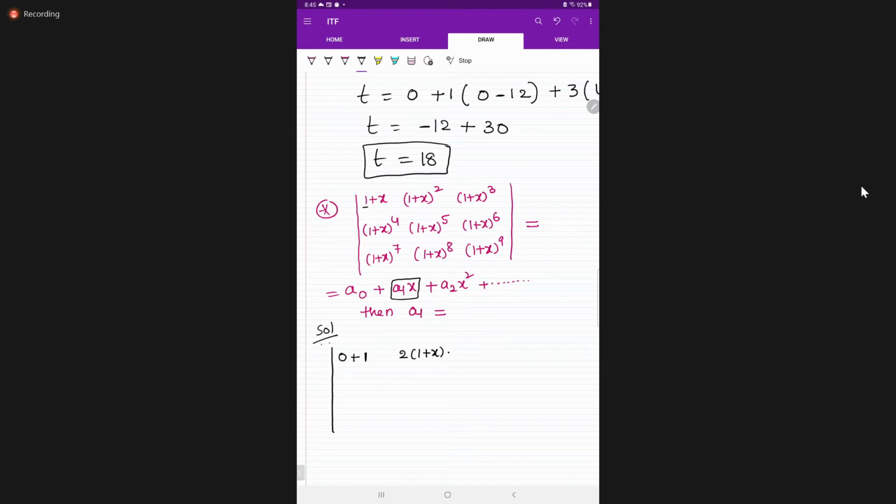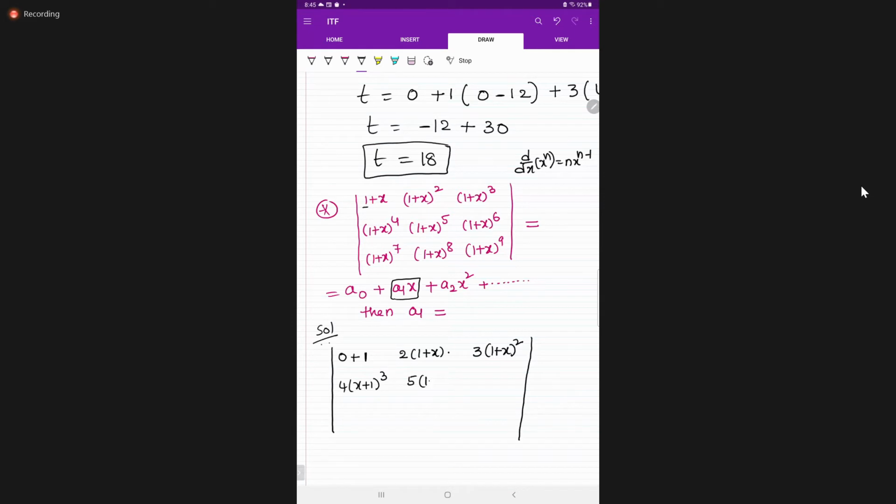That one no need to write. 1 plus x whole cube differentiation is 3 into 1 plus x whole square. All of you know differentiation: d by dx of x to the power n is n into x to the power n minus 1. 1 plus x to the power 4 gives 4 into 1 plus x whole cube.